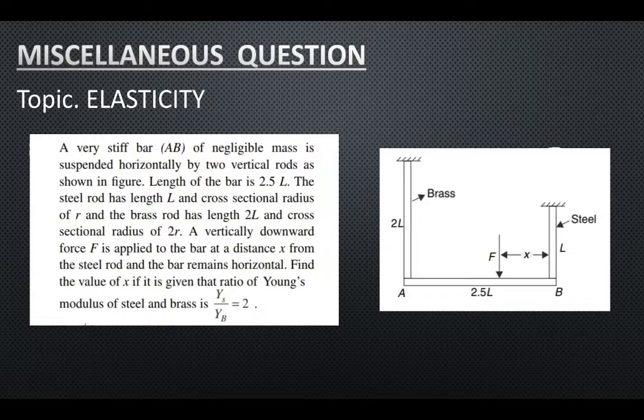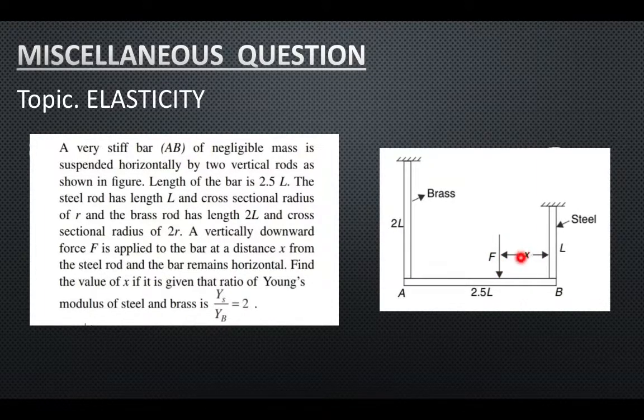So basically, we are given a situation where a brass rod and a steel rod are attached at the top end, and their other ends are connected by a horizontal bar such that the bar remains perfectly horizontal, parallel to the ground, and a force F is applied at a distance x from the steel rod.